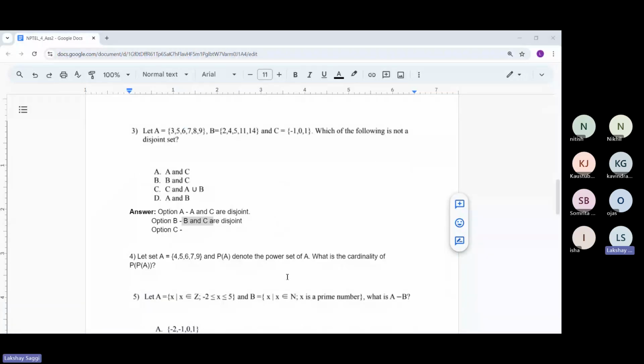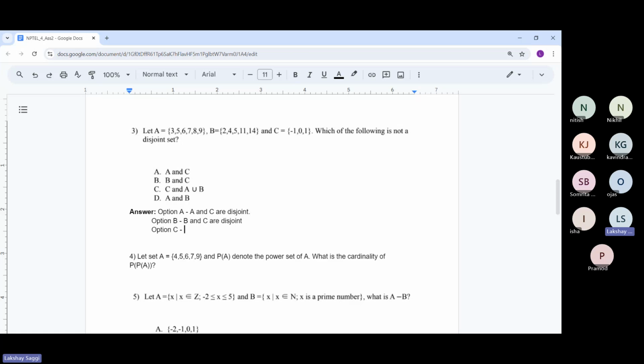Okay, so is my screen visible now, guys? Can you let me know via chat? And is my voice clear now? Okay, cool. It's visible. Thanks for informing, guys.